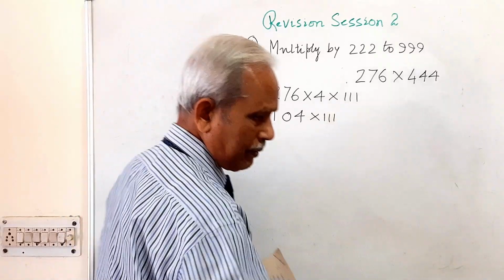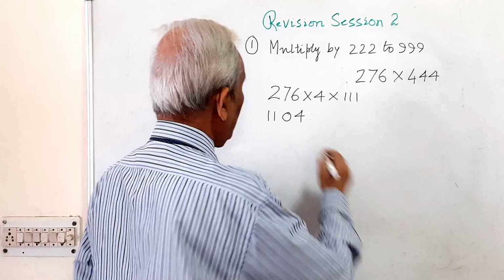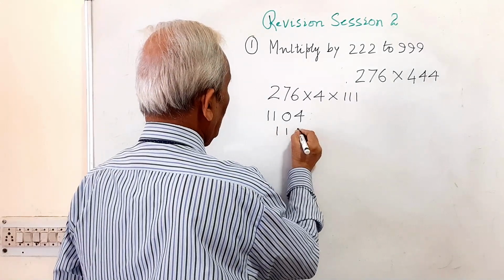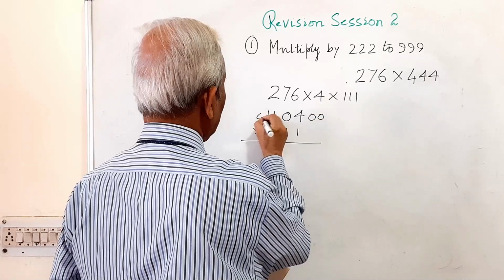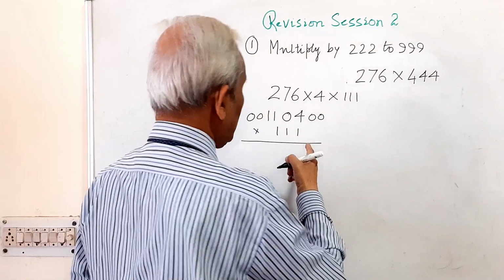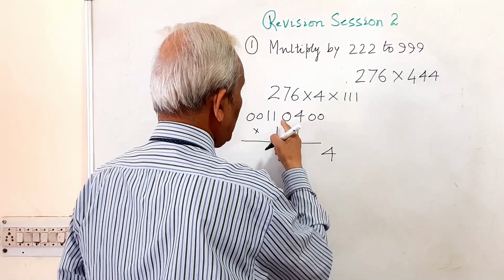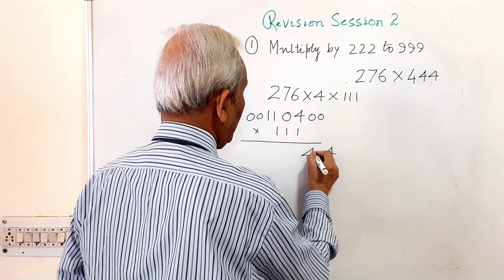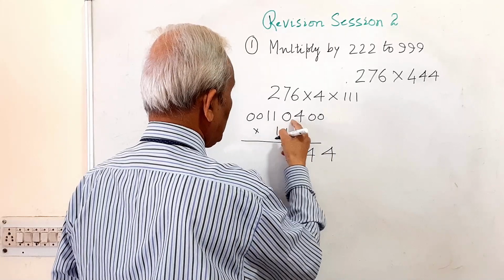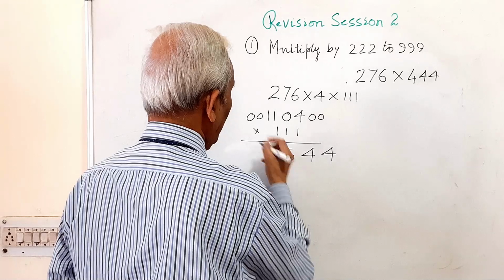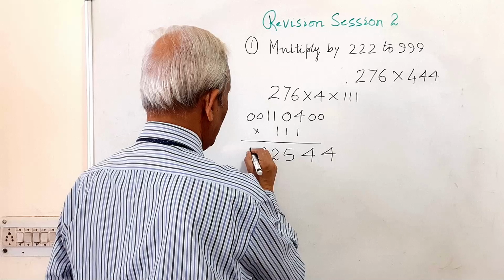Now if I write 111 below, just add 2 zeros this side and 2 zeros this side. Now just the same thing as I did earlier. 4 plus 0 plus 0 is 4. 0 plus 4 plus 0 is again 4. 1 plus 0 plus 4 is 5. 1 plus 1 plus 0 is 2. 0 plus 1 plus 1 is again 2. And 0 plus 0 plus 1 is 1.